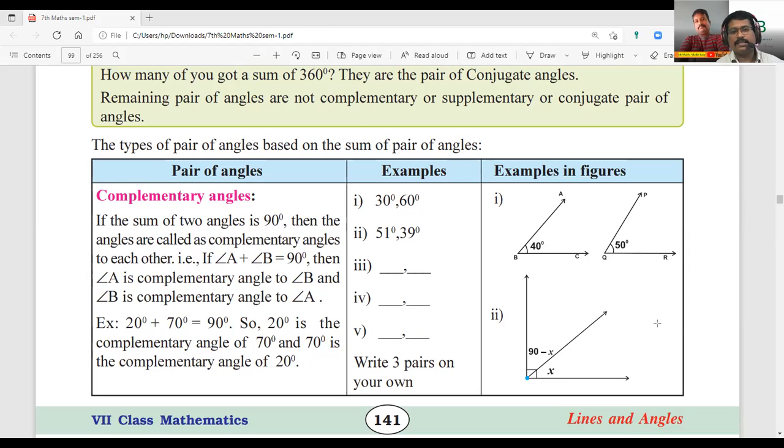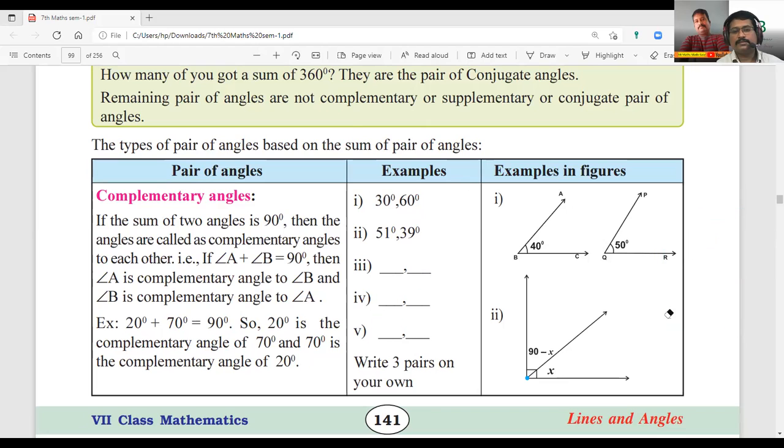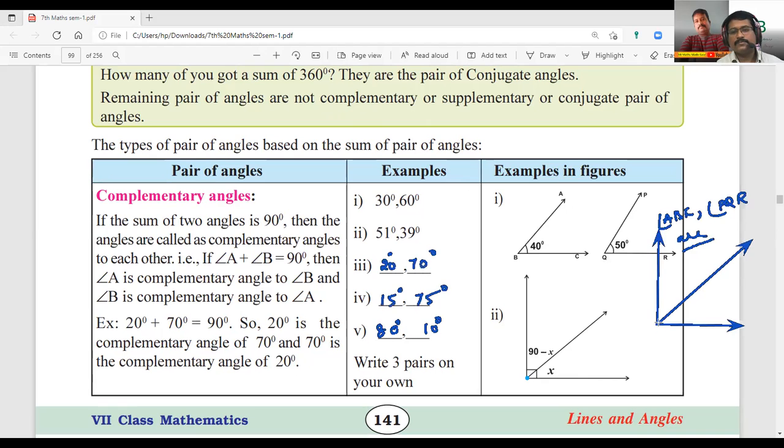So this is 90 degrees. This is 90 degrees. When I put another angle, the total is nothing but 90.